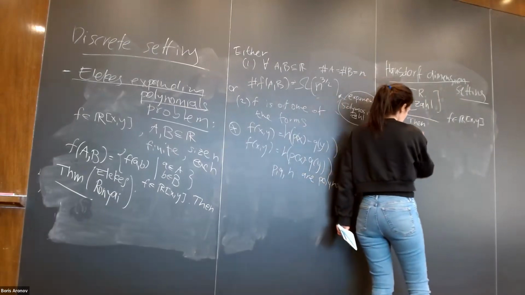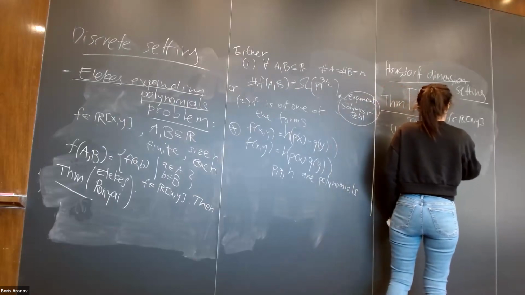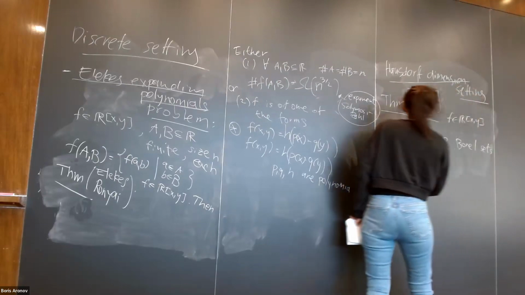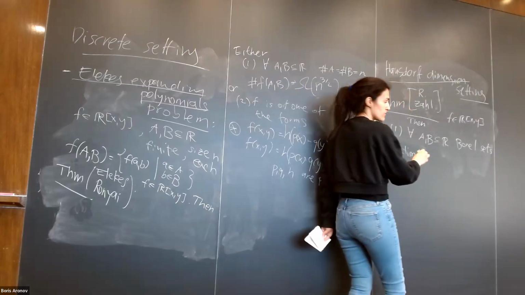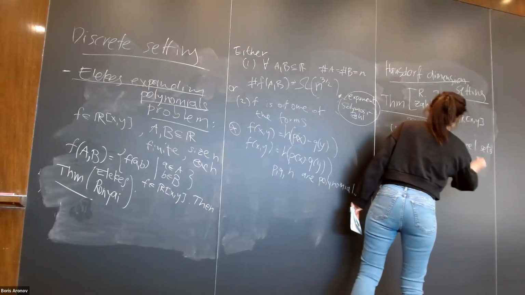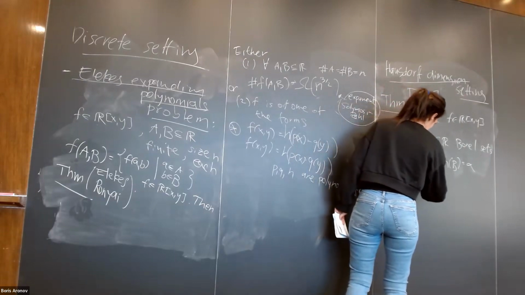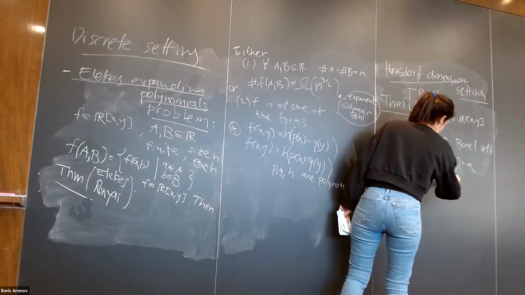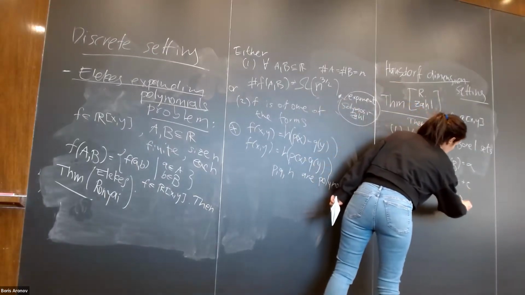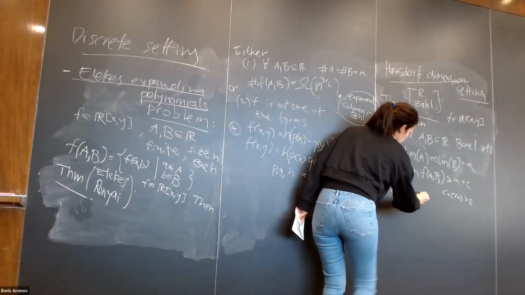Either for every A and B Borel subsets of R, where dimension is always Hausdorff-dimension, the dimension of A equals the dimension of B equals alpha, then the dimension of the image set is at least alpha plus some positive constant that depends on alpha, or f is one of the forms.